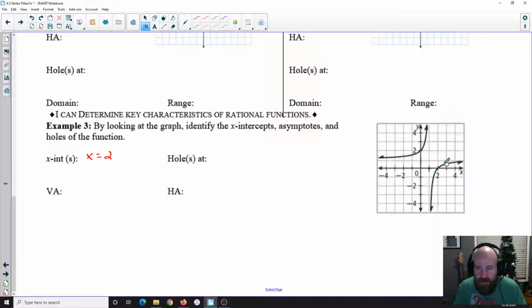We really don't know what the y value is. We don't have a function, so we really can't tell. So we're just going to say hole at x equals 3. Vertical asymptote, if we look close, we can tell that it would be right here. So at 1. So vertical asymptote at 1, and then the horizontal, if we look at the graph, we can tell that it is at y equals 1.